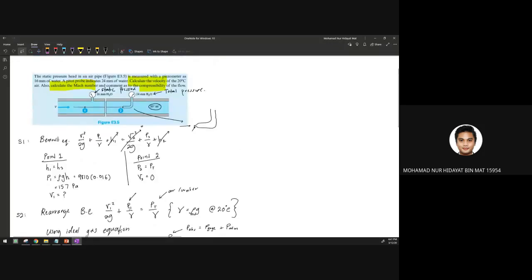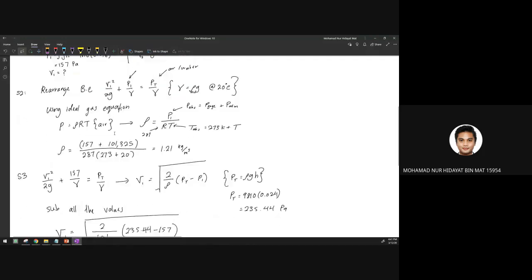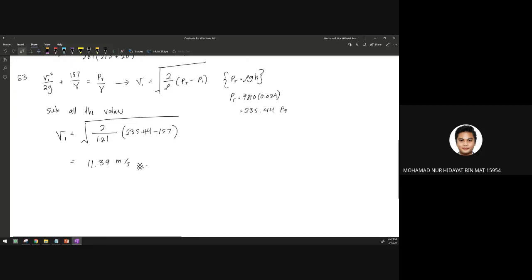You can actually find the static pressure at 1 directly from the piezometer, and the stagnation pressure at the pitot tube pressure using rho GH. And finally, you rearrange so that velocity becomes the subject: the square root of 2 over the density of air, PT minus P1. So you get it from this equation. So that is the final answer.